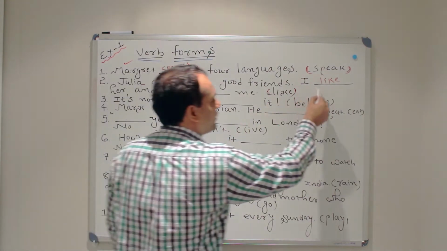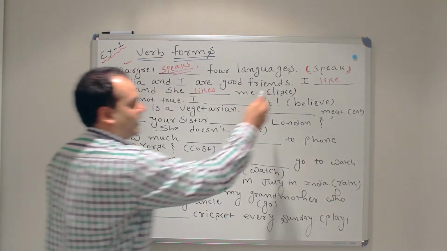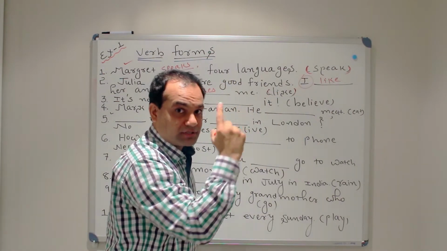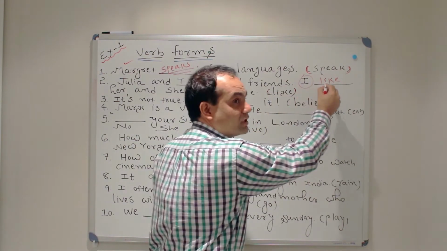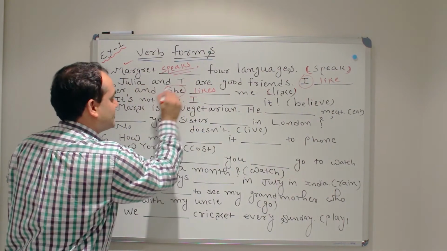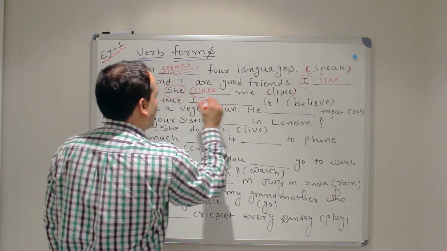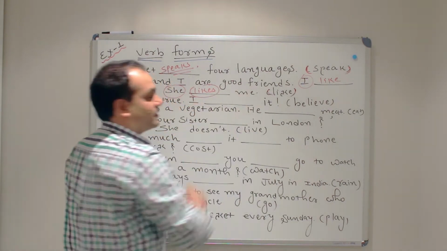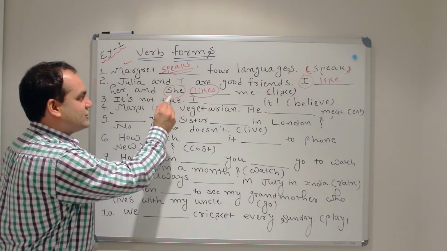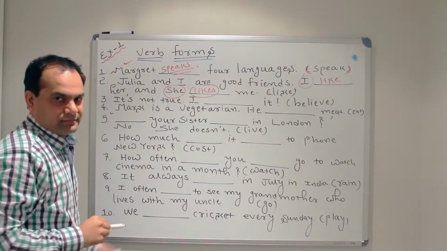Clear? Why did I use like here and why did I use likes here? So I is first person singular, so I have to use the main form of the verb, which is like. And since she is third person singular, I have to attach either s or es behind the verb. So it will be she likes me, and in first one it will be I like her.